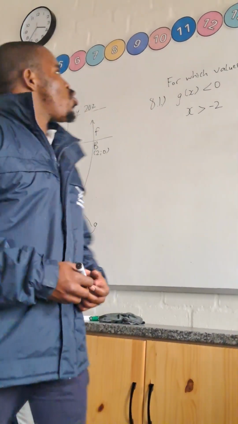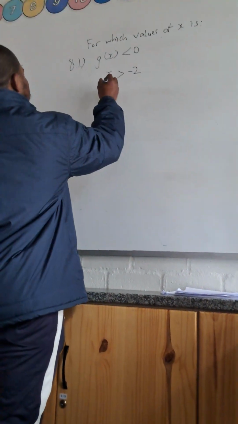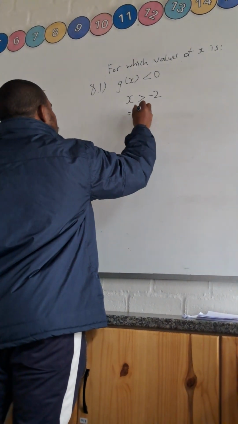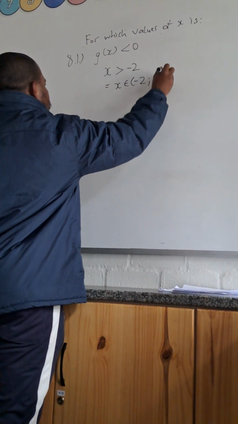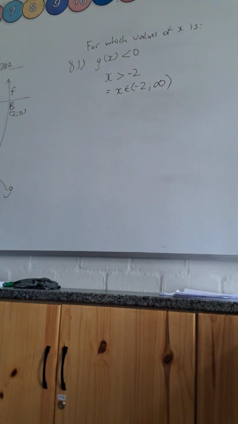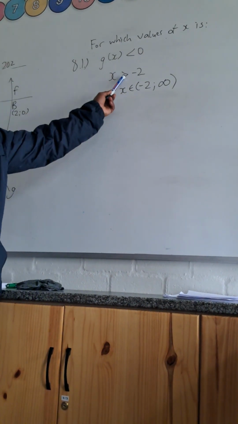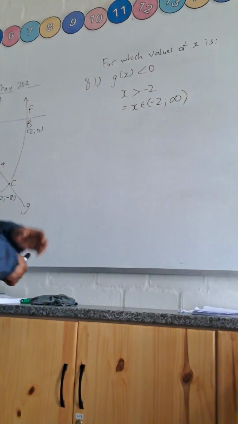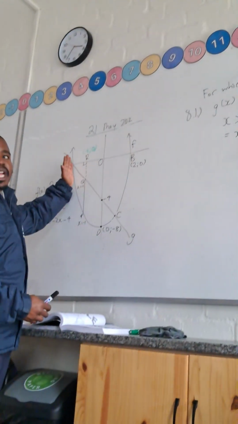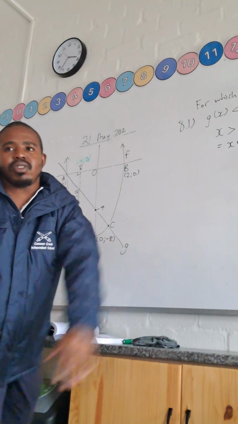Another way of writing this, if you use infinity, would be x as an element of, using round brackets, (-2, infinity). If they use round brackets, you keep that and use round brackets. So any x greater than -2 to infinity.